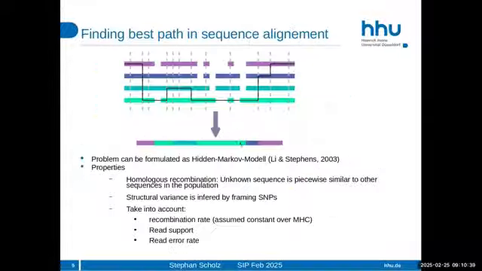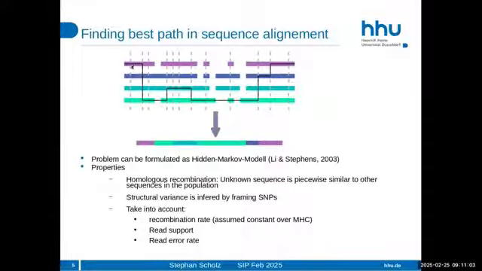So with this, we get the following model. Again, this is a multiple sequence alignment with gaps, and the dotted lines are SNPs that we found in this multiple sequence alignment. We can now think about starting on the left side and walking along this multiple sequence alignment and start copying from one of the haplotypes.